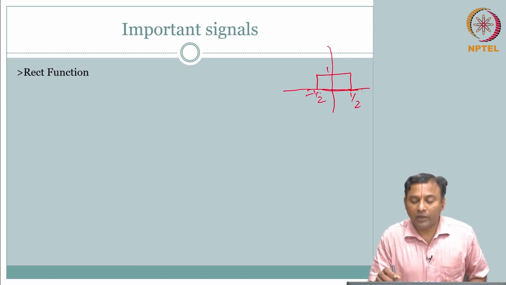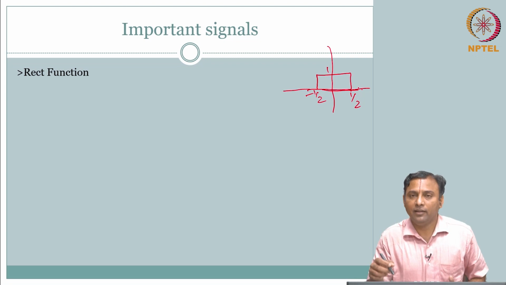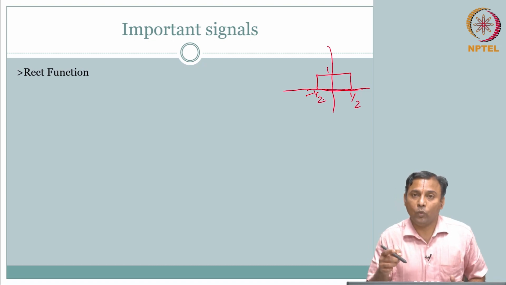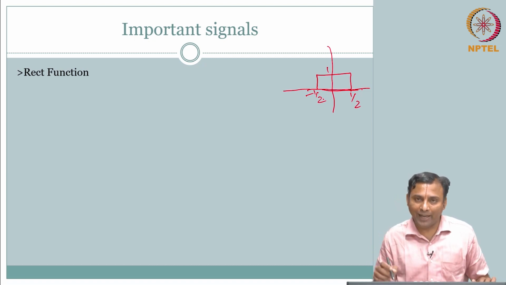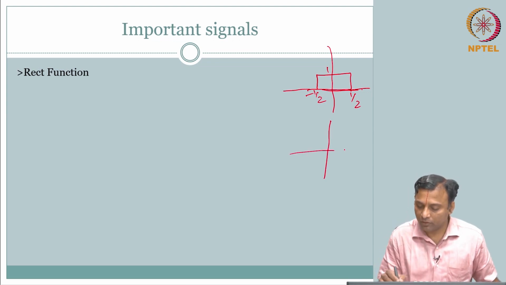If in 1D it is minus half to half, in 2D it has to be spanning an area. So it has to be minus half to half in the x direction and minus half to half in the y direction. So if you take the plane, you have a rectangular region, right.